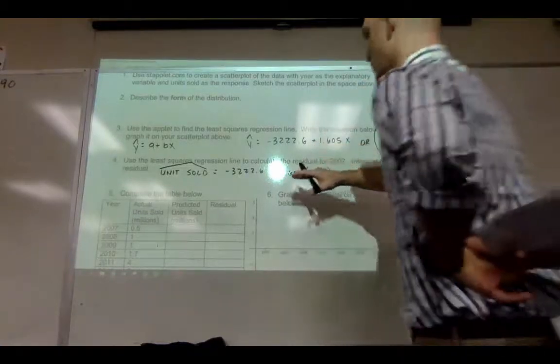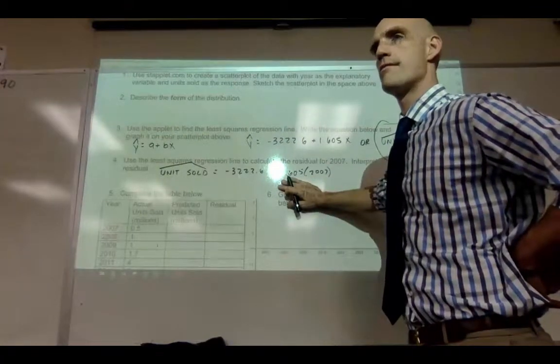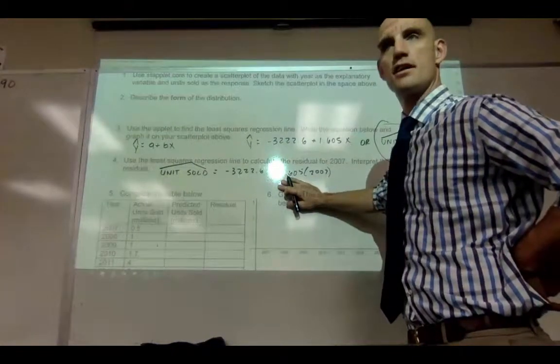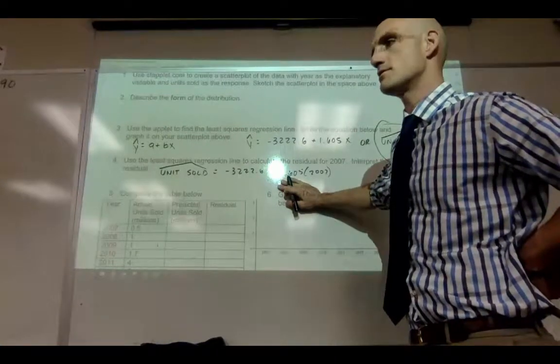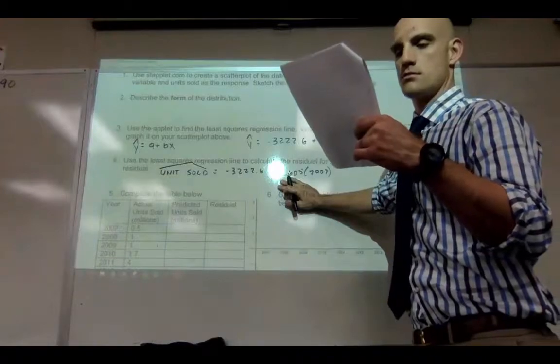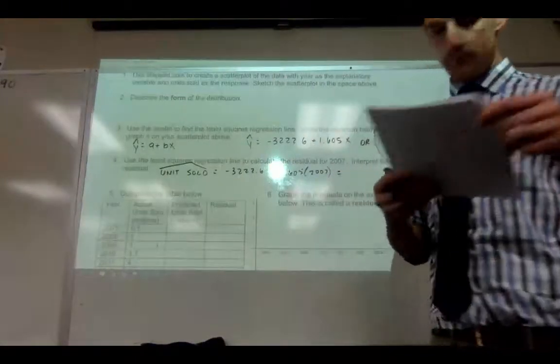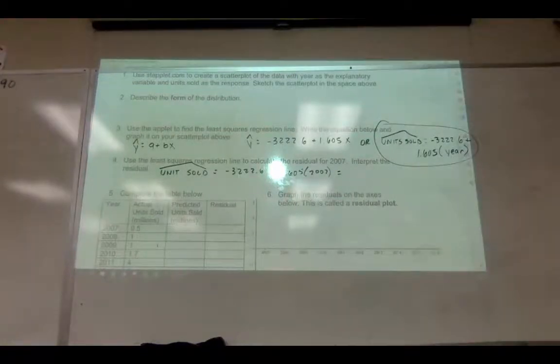Put it in this equation and then compare it to something. Because you can see how accurate the line is. We know the data for 2007. We know that it was 0.5 units sold. So what were they predicted to sell in 2007? 0.5. We know, negative 1.5. Uh-oh.